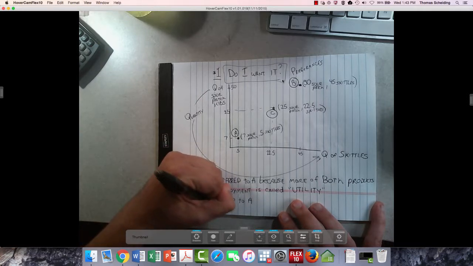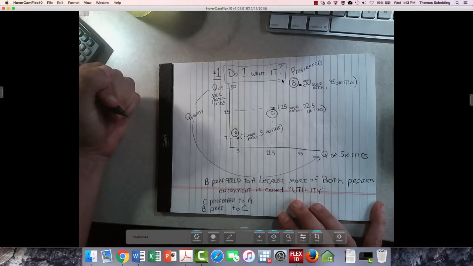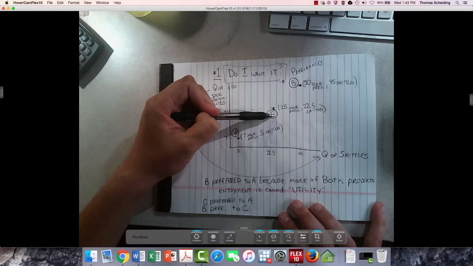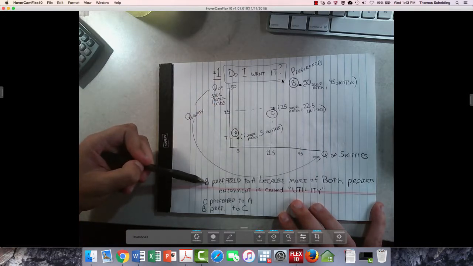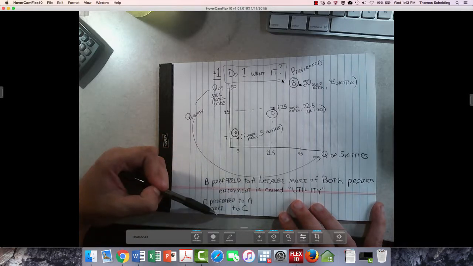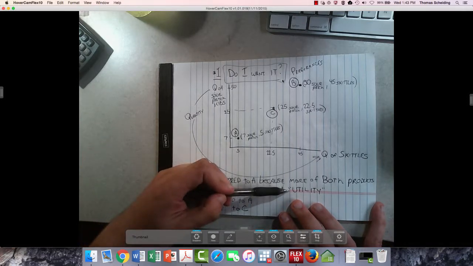B would be preferred to C because B has more of both goods compared to C. So we know that these relationships exist so far, that B is preferred to A, C is preferred to A, and that B is preferred to C. And when we say that something is preferred, we are saying that it has more utility.